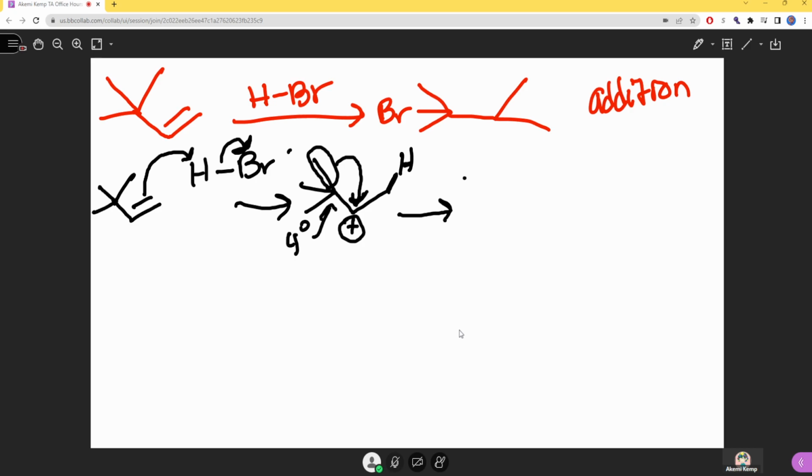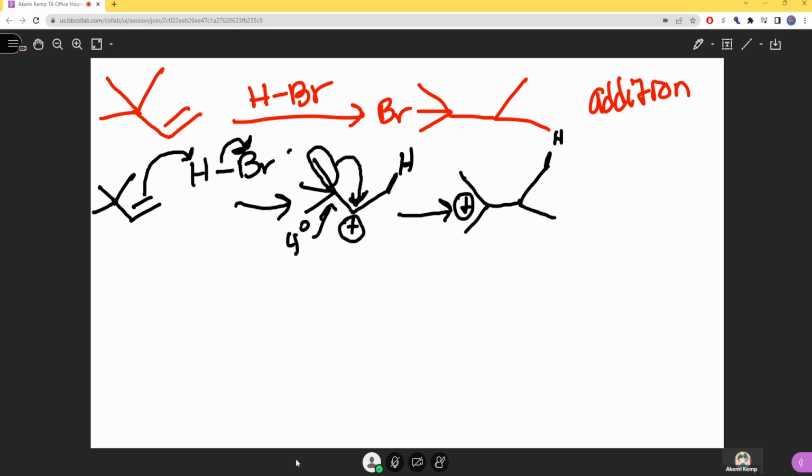And then you form your second intermediate. Remember, intermediates show the carbocations. So you have your alkyl shift, and then you have your second intermediate showing where the carbocation lands in a tertiary position.